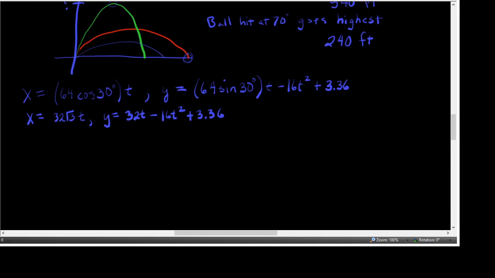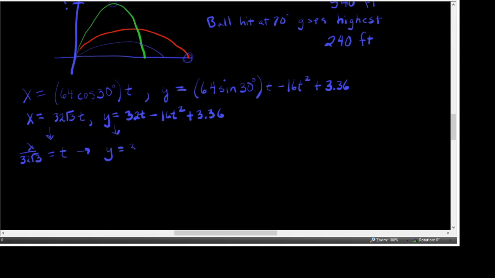So if we want to eliminate the parameter, this first equation with x is going to be the easiest one to eliminate the parameter with. So solving for t, we'll divide both sides by the 32 square roots of 3. And then substitute that into the other equation for each t.